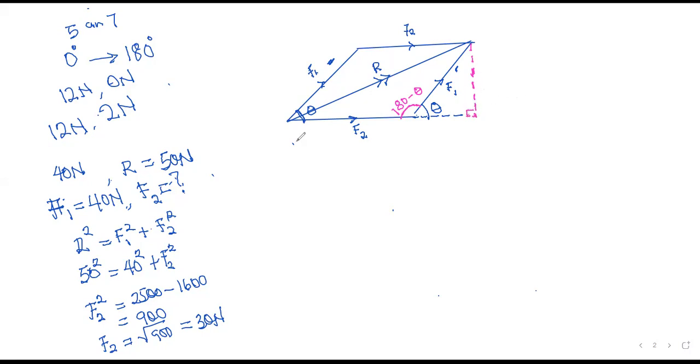So O, A, B, C, D. If we use triangle DBC, the opposite is equal to F1 sine theta, using the angle separating the forces.